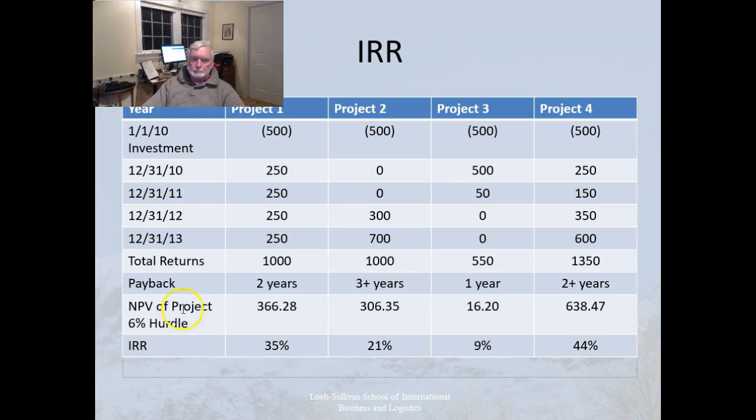So I'm going to stop there, ask you a couple of questions, and then I'm going to go on and explain how you do these calculations for IRR and NPV using Excel. And it's incredibly easy to do, and certainly something you should know how to do.